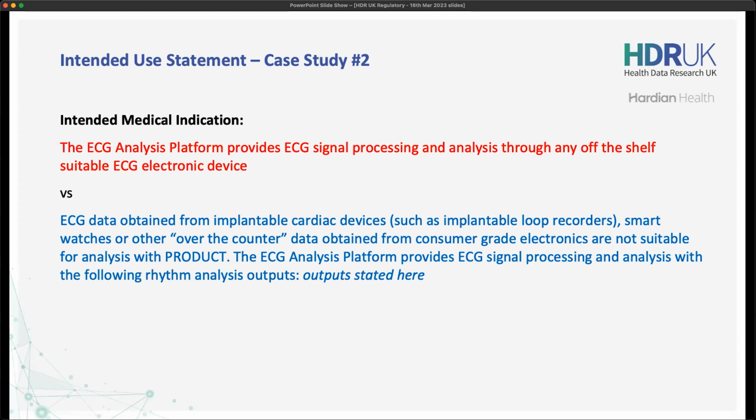And what's the list of compatibility you have? Because that's actually a general safety and performance requirement as well. If you have a software product that connects to other systems, what's the compatibility? Which is the hint to say, in this context, which scanners, or if you've got implantable cardiac devices, which make and model have you tried it with? These things. Let me move on.